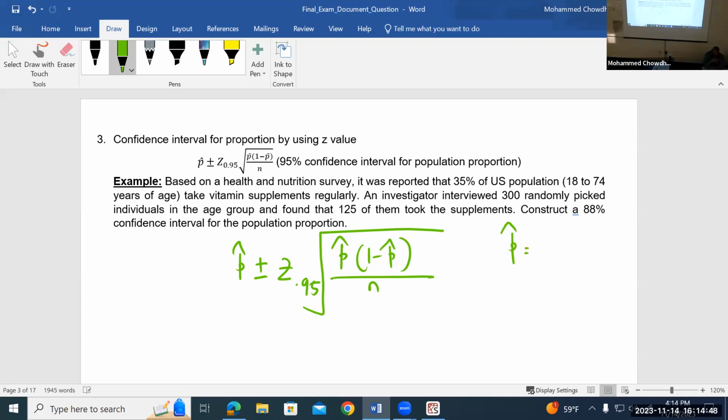An investigator interviewed 300 randomly picked individuals in the age group and found that 125 of them took vitamin supplements, so p hat is 125 over 300, which is 0.42, suppose.